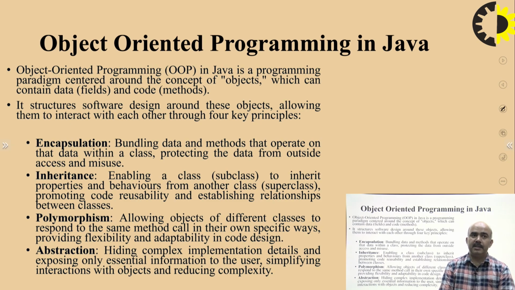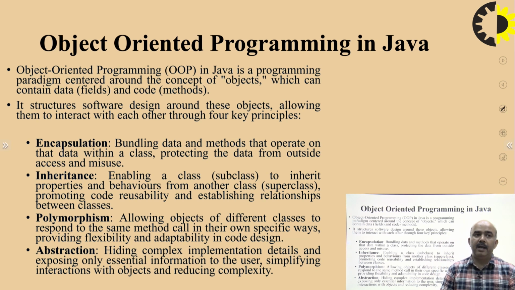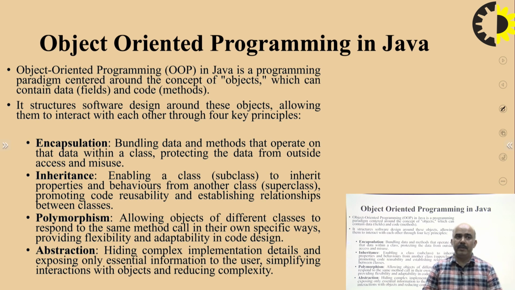So, it structures software design around these objects, allowing them to interact with each other through four key principles: encapsulation, inheritance, polymorphism, and abstraction. The first one is encapsulation. What we generally do is bundle the data and the methods that operate on the data within a class and protect them from outside access, or any kind of misuse.